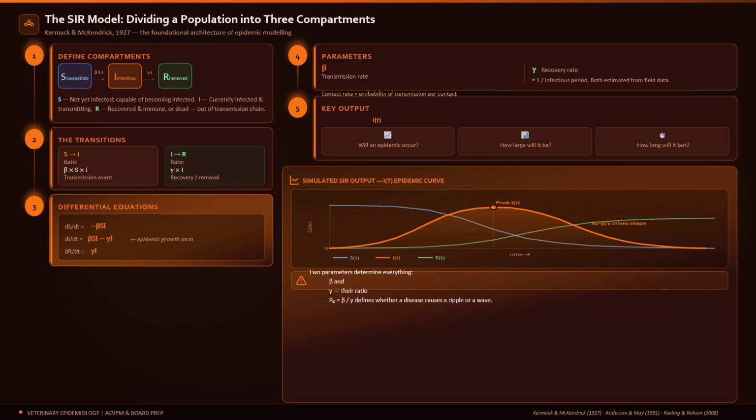Infectious to removed happens at a rate of gamma times I, recovery or removal. Write those as differential equations, and you've captured the entire epidemic. Just 2 parameters drive everything: beta, the transmission rate, and gamma, the recovery rate. Their ratio, R0, equals beta over gamma, and decides whether a disease causes a ripple or a wave.